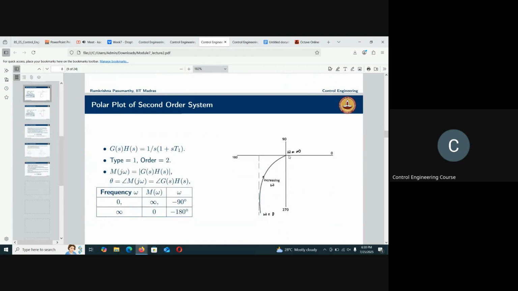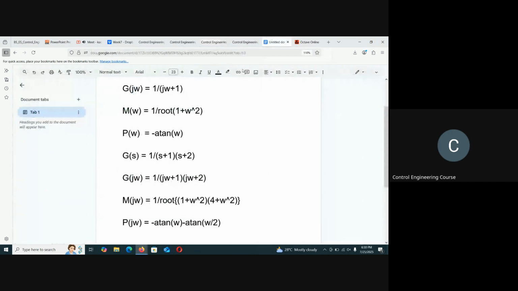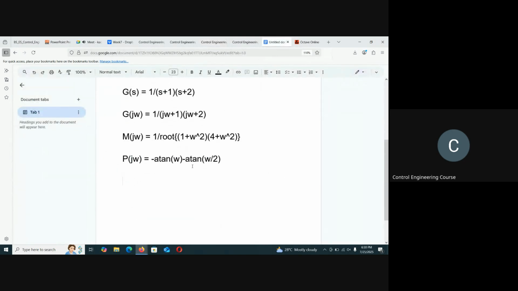This is for a pole at the origin: 1 by s into 1 plus sT1. Let me take T equal to 1 for simplicity, so you'll have 1 by s into s plus 1. When you put s equal to j omega, you get 1 by j omega into j omega plus 1.